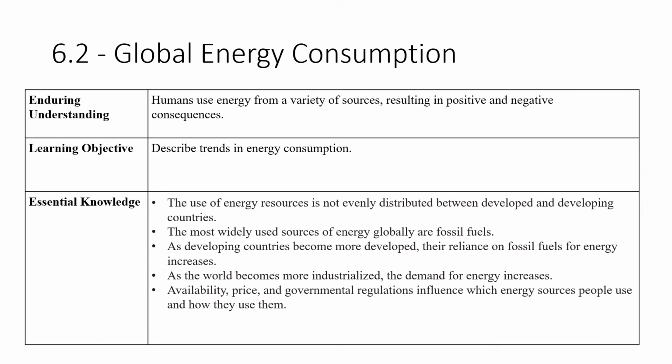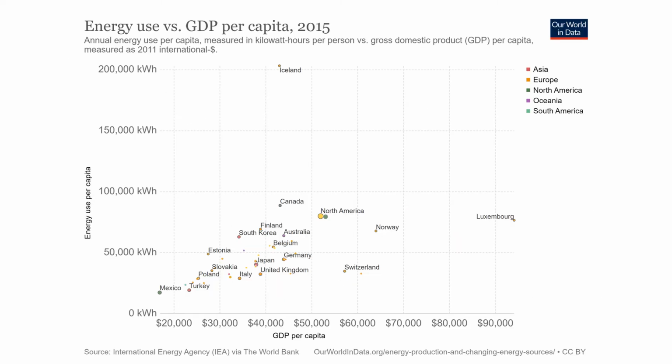So now we're going to swing into how the world actually uses its energy, or really what the trends are around the world. If you look at this graph, you can see that the more developed countries, countries with a higher GDP, are using more energy. So which countries use how much energy really depends on how developed a country is.